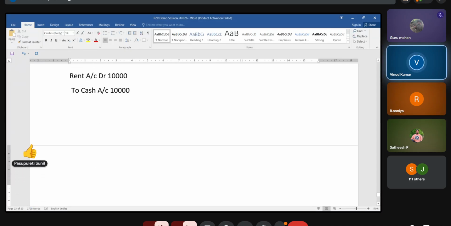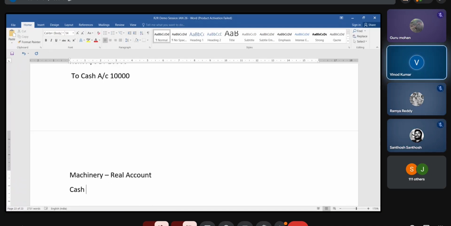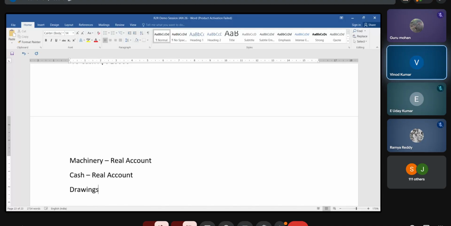Let me put out some examples here. I'm expecting the answers from your end. What type of account is it? Machinery falls under which rule of accounting? Real account. Cash, real account. Drawings, personal account.